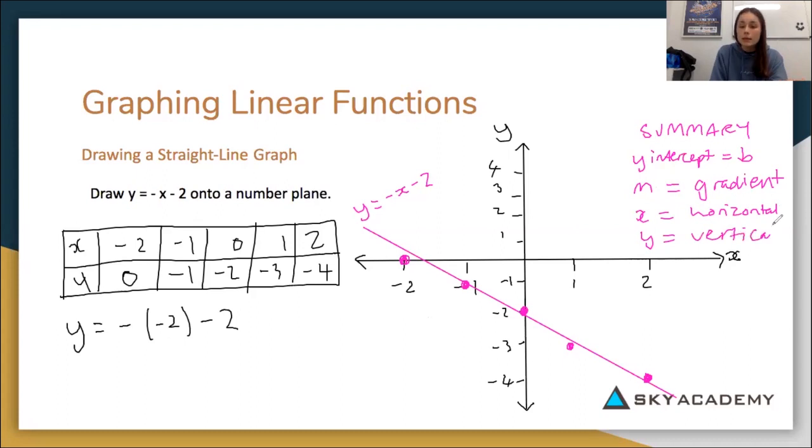We have positive and negative graphs. So positive x equals a line going in that direction, and negative x equals a line going in the other direction. So there are a couple of summary points for the features of a straight line. And just remember, to graph a straight line, always put it first into a table of values and then put those points that you get for x and y onto a number plane.